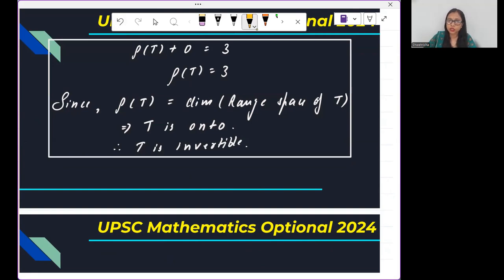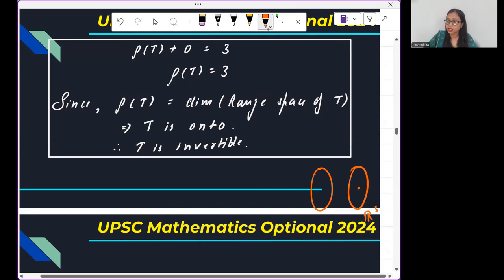if I take any point from your R3, let's say I have taken some x comma y comma z, and I can find some a, b, c whose image is that point, then I can say it's an onto transformation. Onto transformation means every element in the codomain has a pre-image. Okay, so we'll start by taking an x, y, z in the codomain and we'll try to find a, b, c in the domain whose image is that x, y, z.